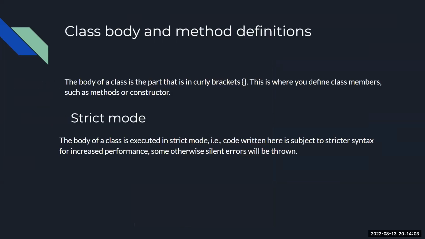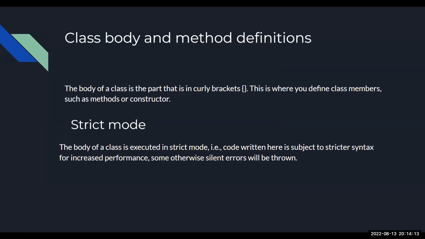When creating classes, you'll have about 3 to 4 options: class body and method definitions. There are a few more outside of that as well, but in this lesson, I just wanted to cover specifically class body and method definitions. The body of a class is the part that is in curly brackets.